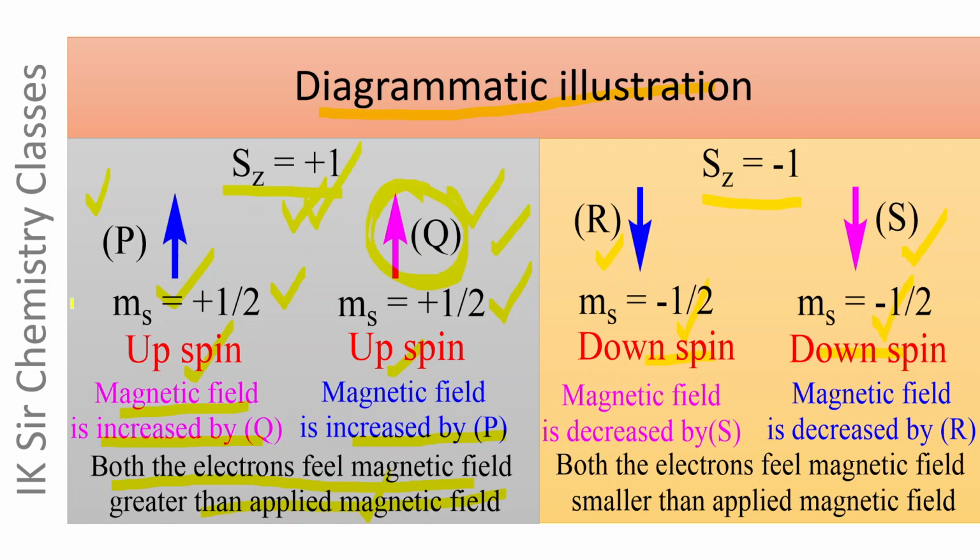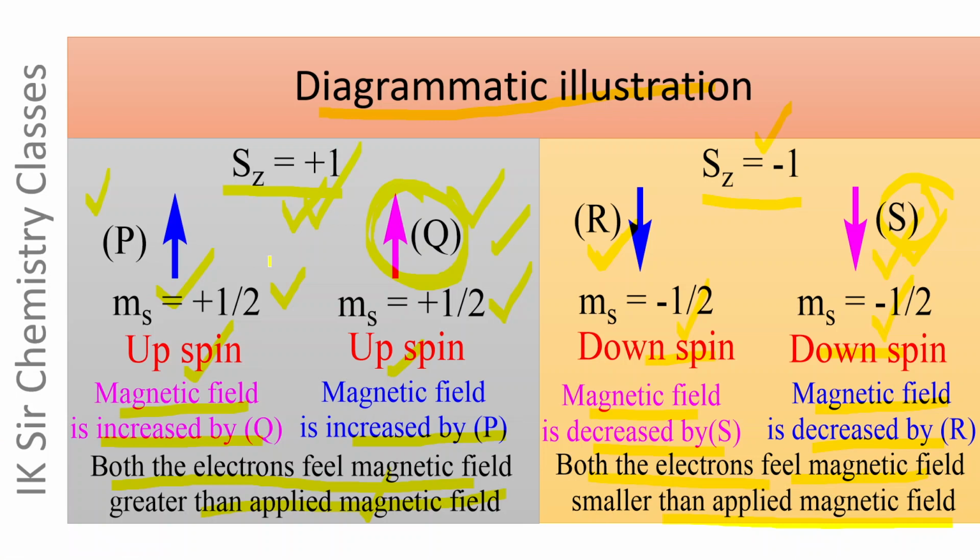We have seen earlier that the electron with down spin decreases the magnetic field experienced by its neighboring electron, and therefore the magnetic field experienced by electron R is decreased by electron S. Similarly, the magnetic field experienced by electron S is decreased by electron R, and hence both the electrons in the Sz equals minus 1 state feel a magnetic field smaller than the applied magnetic field.